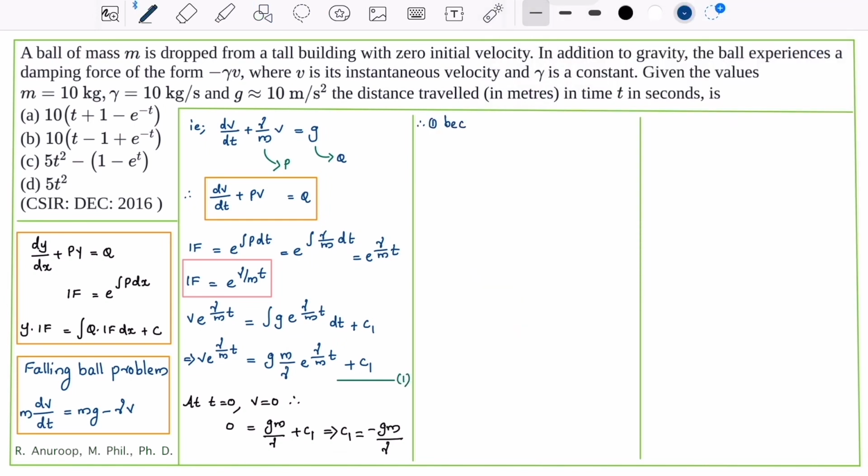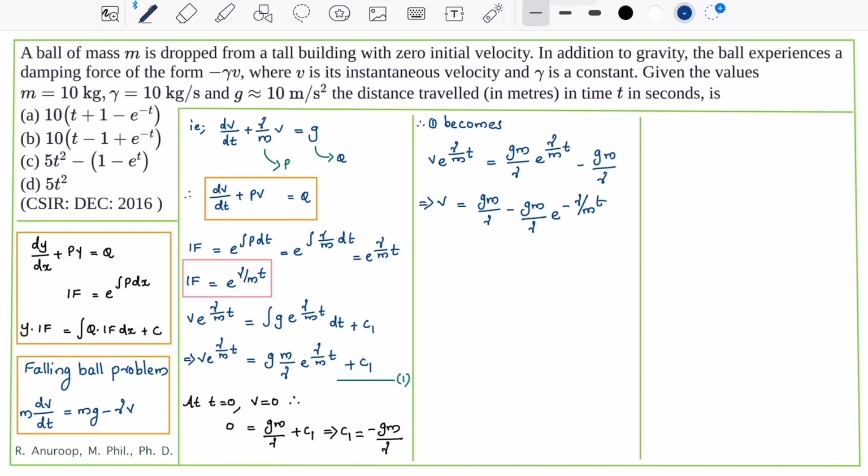Equation 1 becomes v e raised to gamma by m into t equal to gm by gamma e raised to gamma by m into t minus gm by gamma, or v, that is the velocity, is equal to gm by gamma minus gm by gamma e raised to minus gamma by m into t.